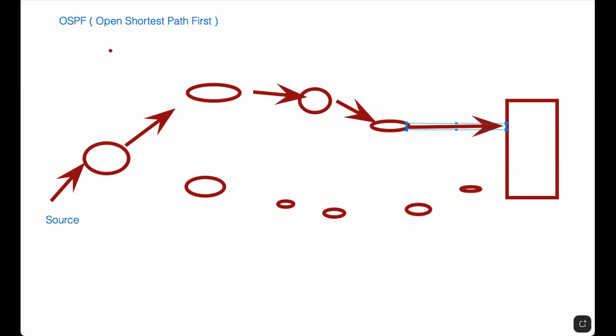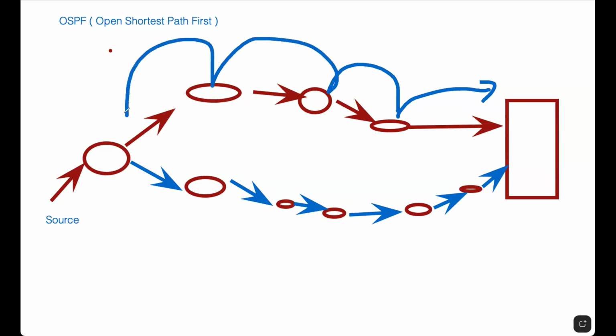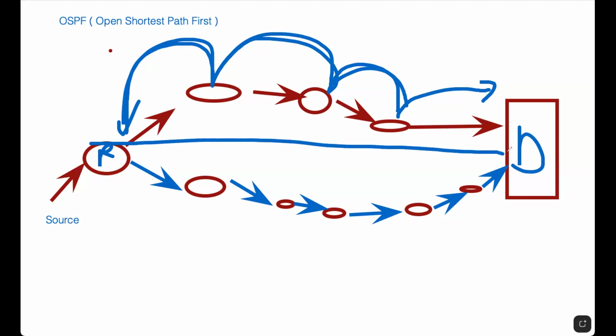And there is a different path via this way, and then this way, and so on. The reason RIP is a distance vector protocol is that whatever information goes from here to here will be passed to this router, and then this router passes it on to the next. So this router will think, if I want to go to this destination, it is 1 hop, 2 hops, 3 hops away. It will choose the best path by looking at the entire path.